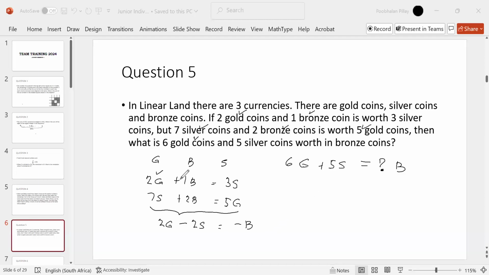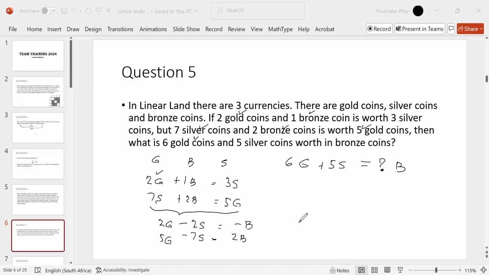I've got one equation, and in the second equation, the gold is 5G, and taking the silver to the other side, you'll have minus 7S is equal to 2B. If you take it to the other side, the sign changes. On this side, it's 2B, so I'm writing it on the left-hand side. Otherwise, you can say 2B equals 5G minus 7S. But I want to write the G's and the S's on the left-hand side.